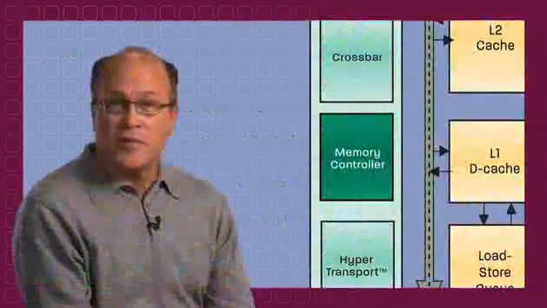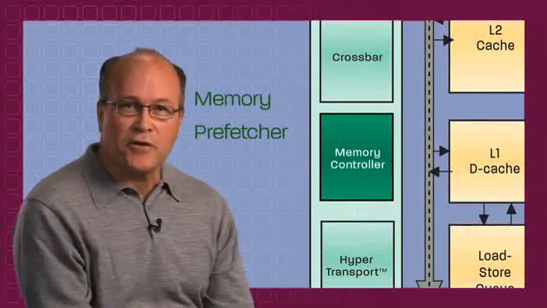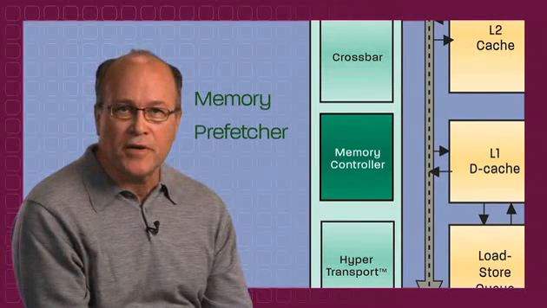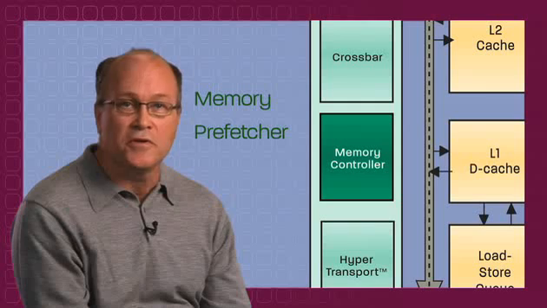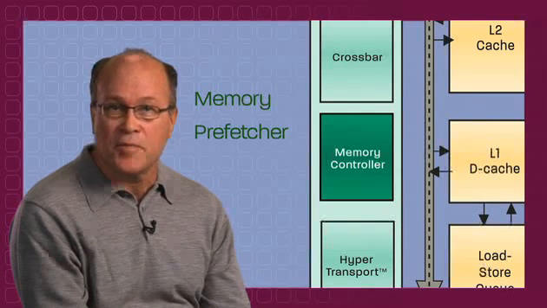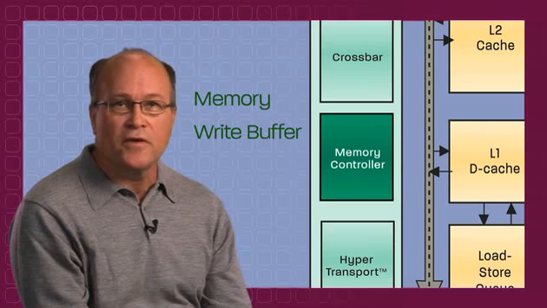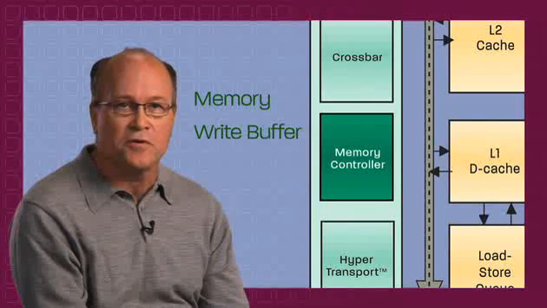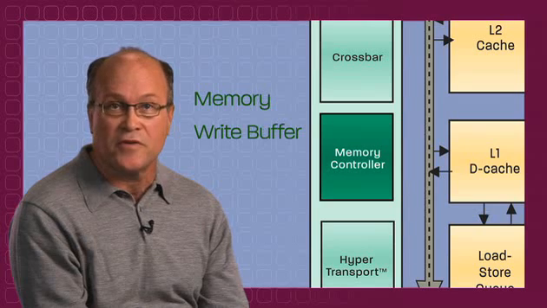A new feature of the memory controller is a memory prefetcher added close to the memory. It speculatively opens RAM pages and is intended to improve the delivered bandwidth inside the processor. We've also added a memory write buffer. We think this is significant because the time cost of switching from read to write mode in current RAM protocols is steep.